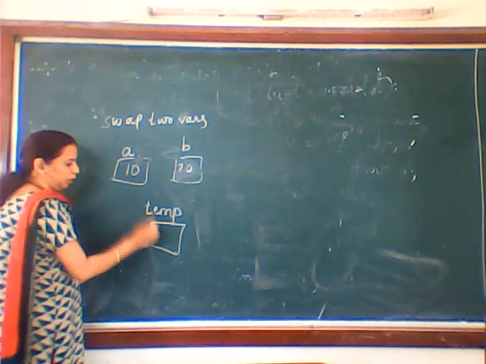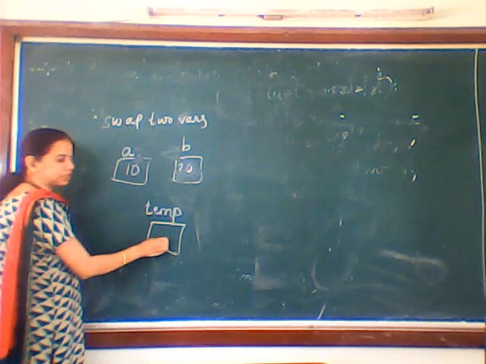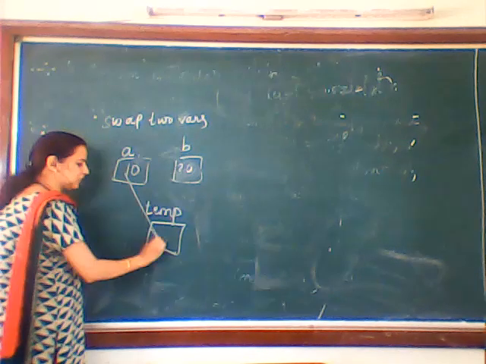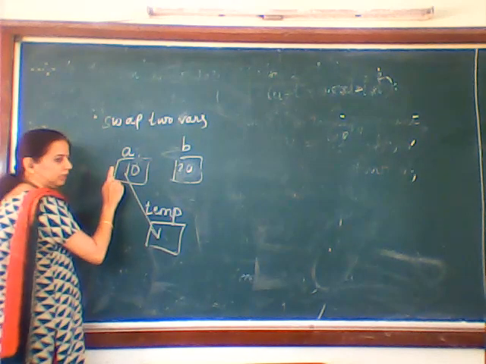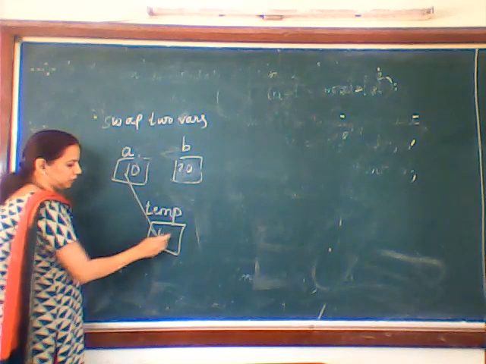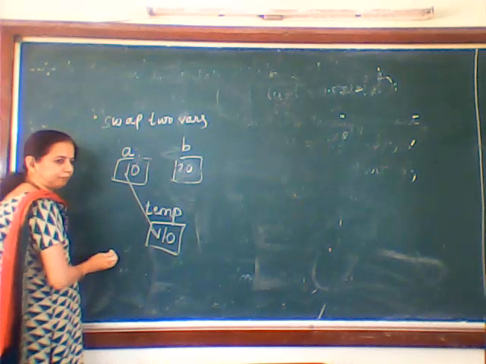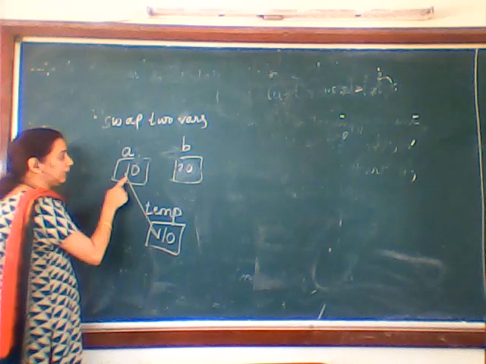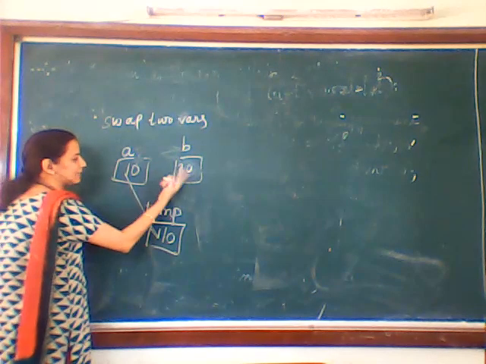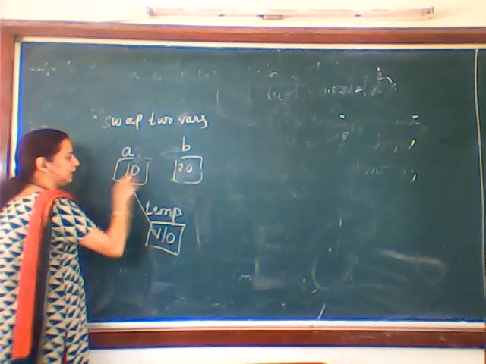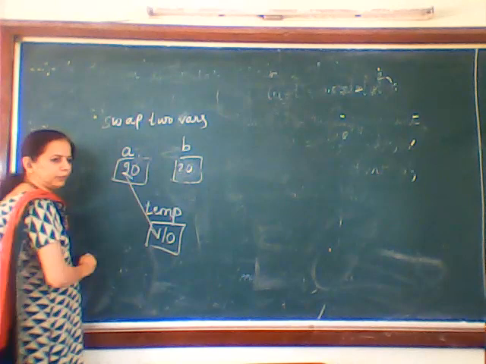So what are we going to do? We are going to take this temporary variable which is initially empty, and transfer this value here. So what is this value? 10. Whatever is the value of A is transferred, so temp becomes 10. Now, in A we can store the value of B. Okay? So directly we will assign the value of B to A. When we assign the value of B to A, this will become 20.